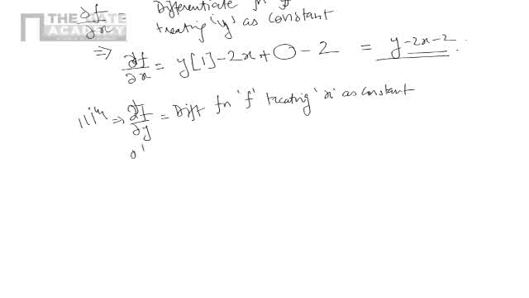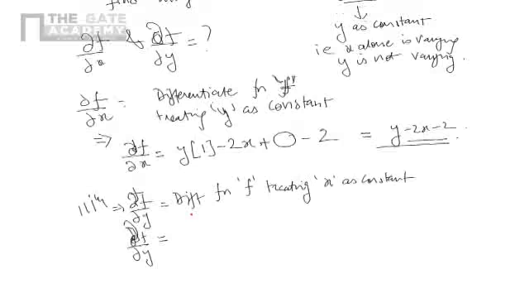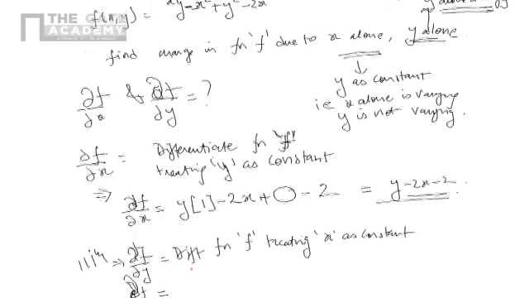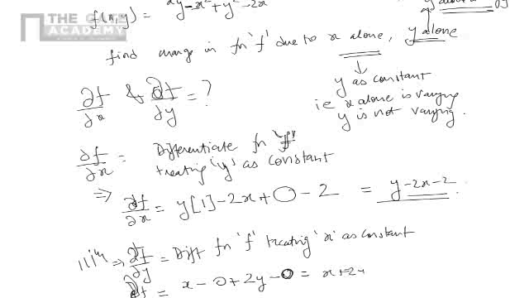Dou f by dou y: xy on differentiation with respect to y will give me x, and x square is a pure x term, there will be no change due to y, so that will give me 0, plus y square is a pure y term, so that on differentiation with respect to y will give me 2y, and minus 2x is a pure x term, so that on differentiation with respect to y will give me 0, so the answer will be x plus 2y.